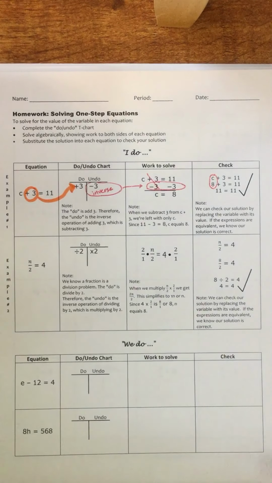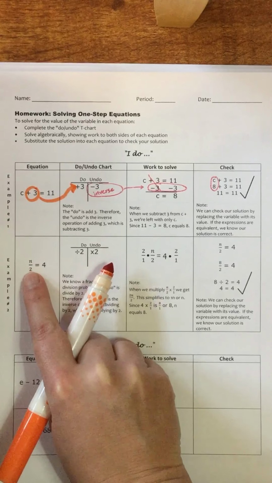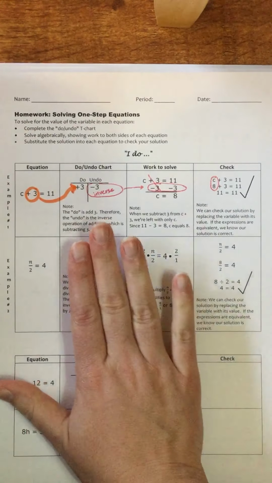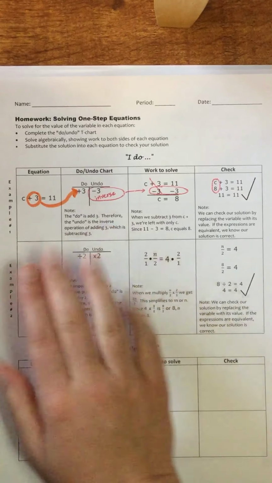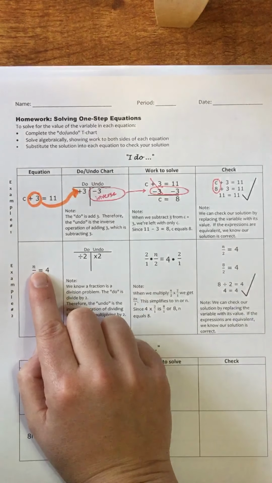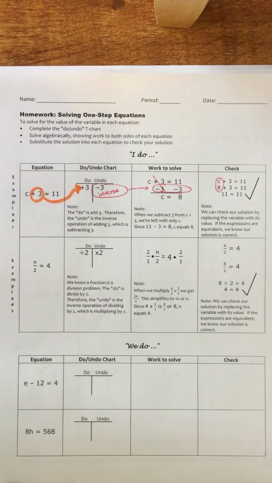For the second example, I see n over 2 is equal to 4. And if this one were not done for you and you couldn't already see the process, you would have to think, okay, focus on the variable. When I see a fraction, does the fraction mean to add 2 or to subtract 2 or to multiply 2 or to divide by 2?